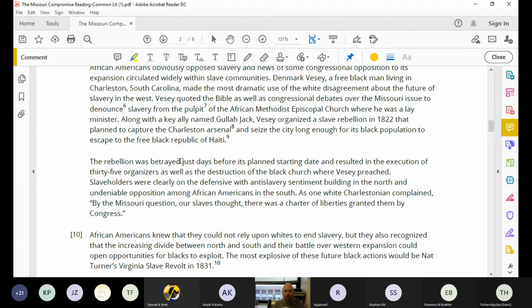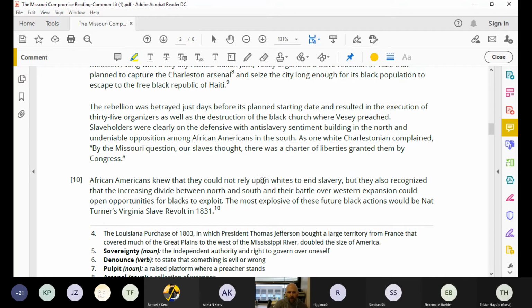Okay. And we know that the reaction by white slave owners is going to be very aggressive in their mind to make a point, because we do know that slave owners are on the defensive because they see two things happening here. They see this group of people in the North, the northern free states, putting pressure on them on the issue of slavery.